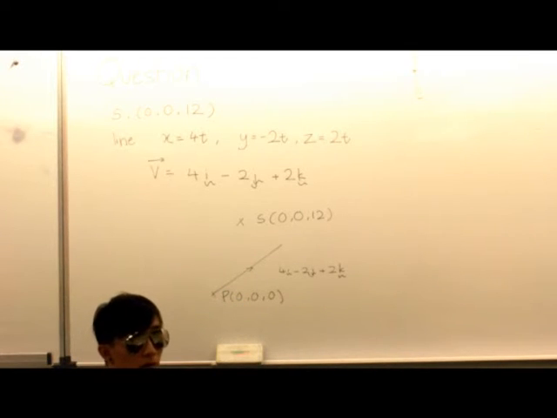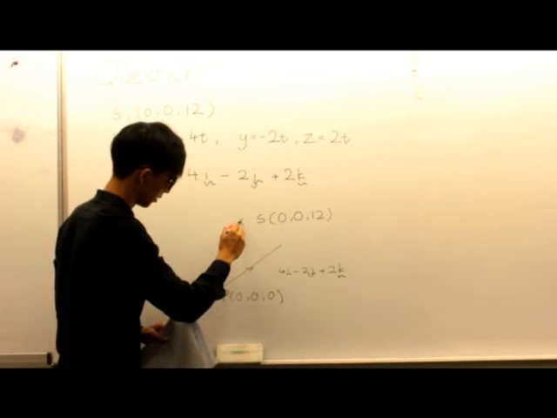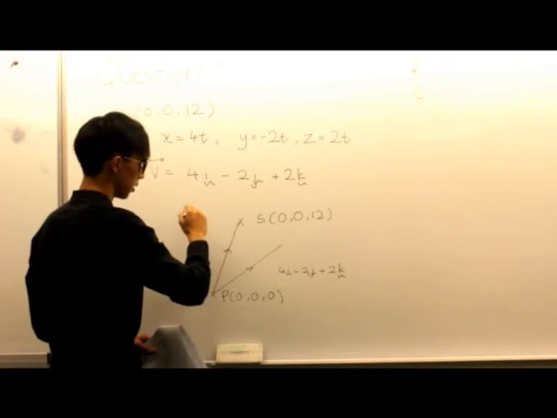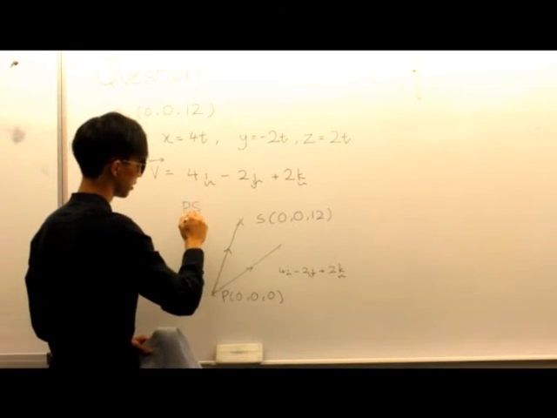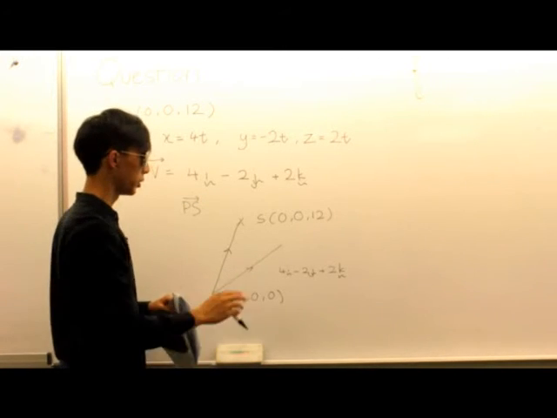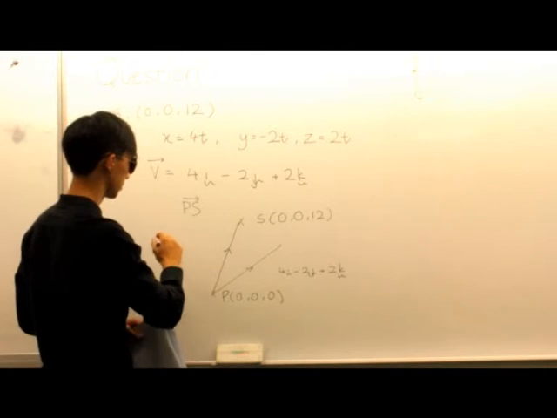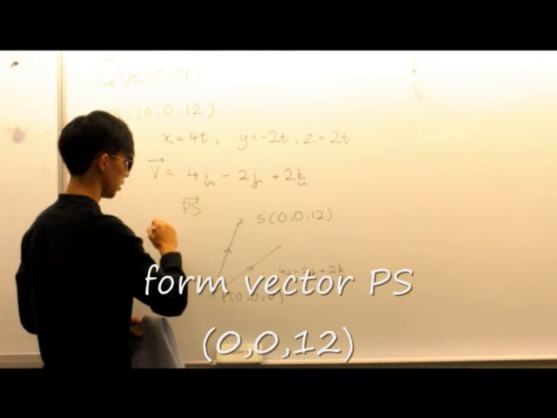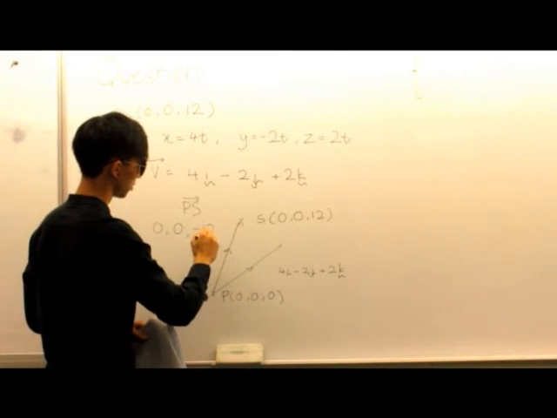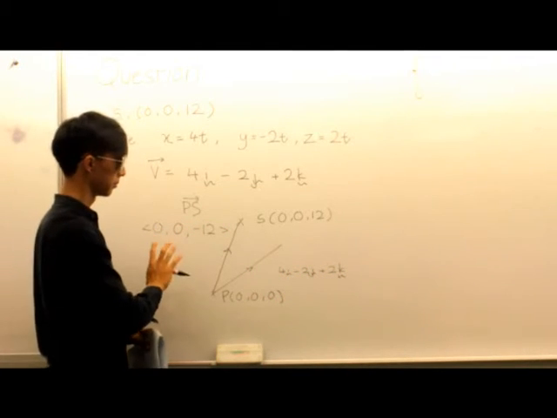Now we have to form a vector from P to S. To calculate the vector, we take the second point minus the first point, which would give us 0, 0, negative 12 in component form.